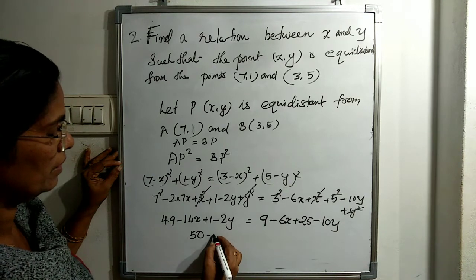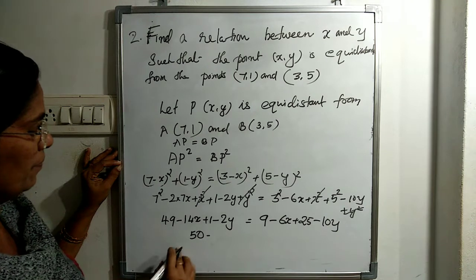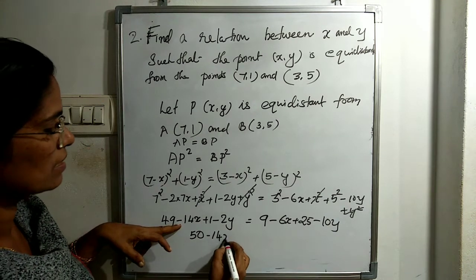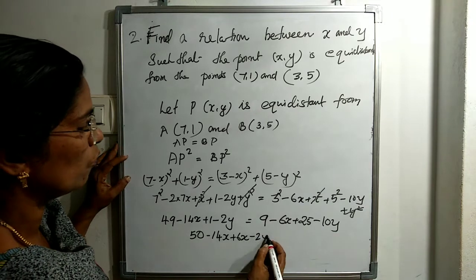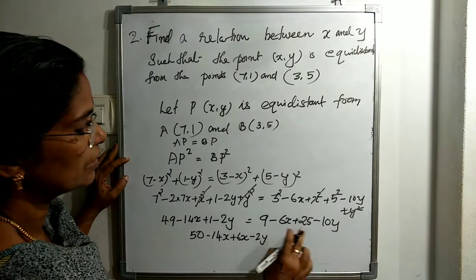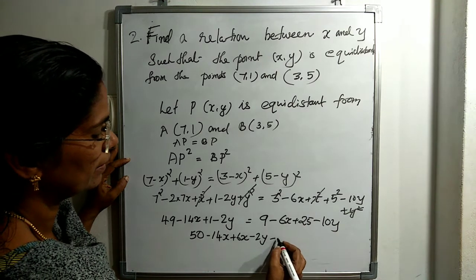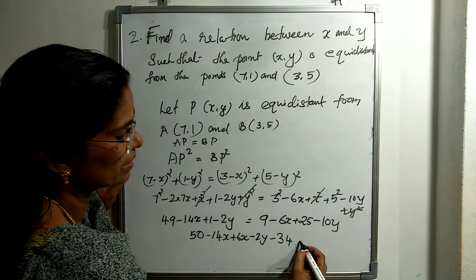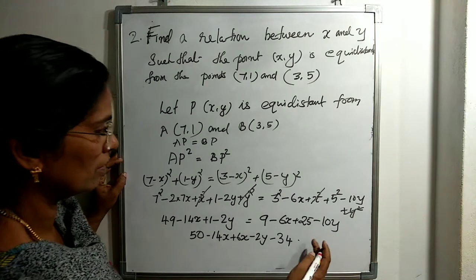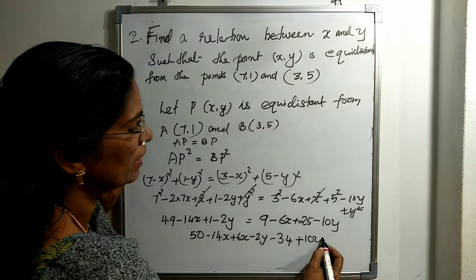And all terms we can take here: minus 14x plus 6x, minus 2y. Adding these two, 25 plus 9 is 34, taking on the left side it becomes minus 34, and plus 10y equal to 0.